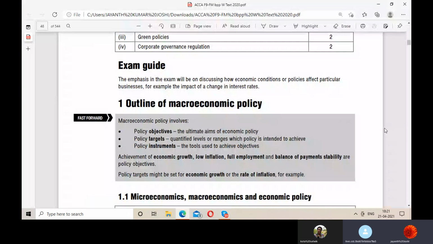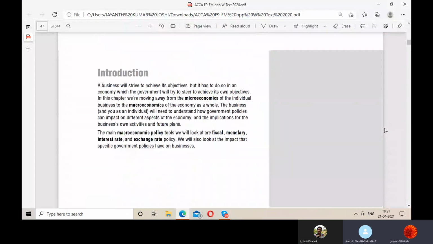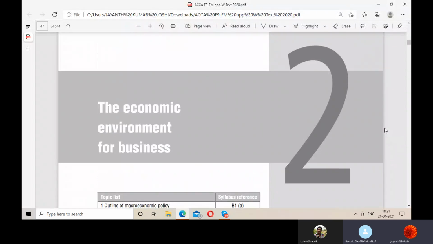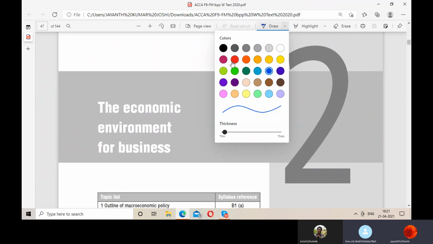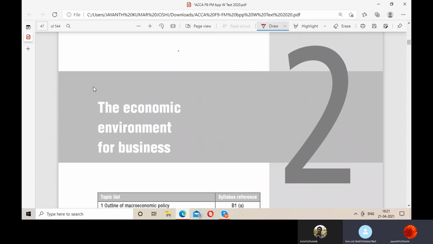So let's start. The second chapter is all about the economic environment for business. Environment is nothing but our surrounding. Economic environment is nothing but the economy of a country in which all the economic activities happen.